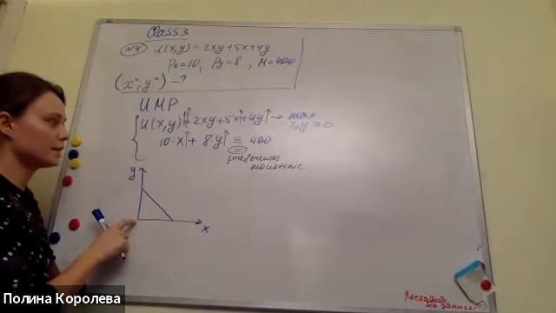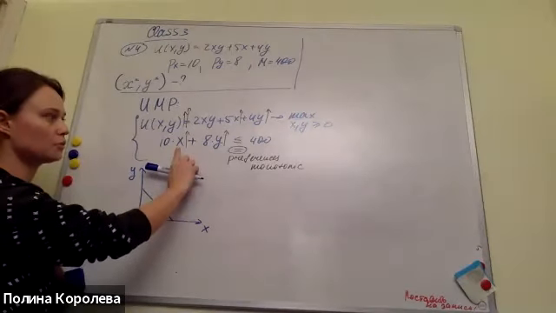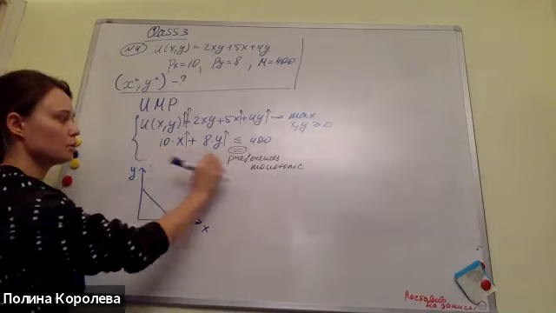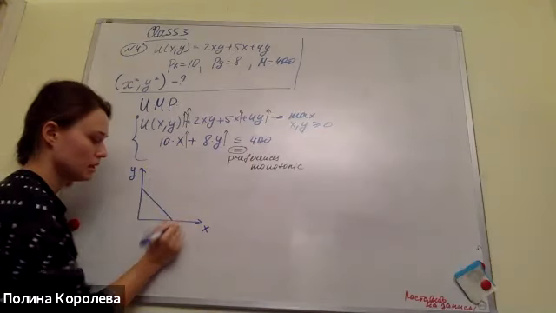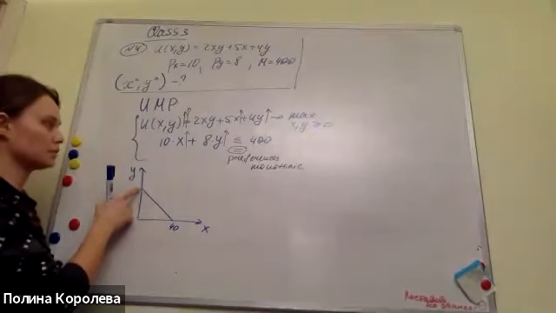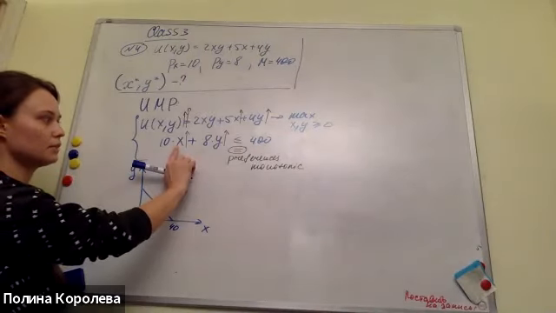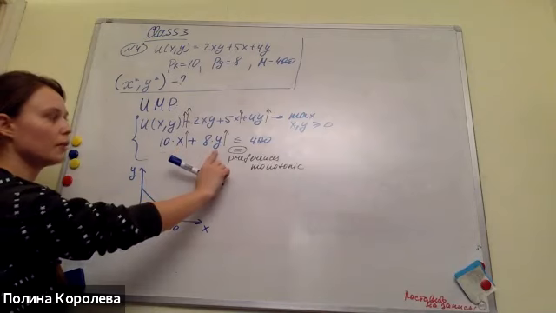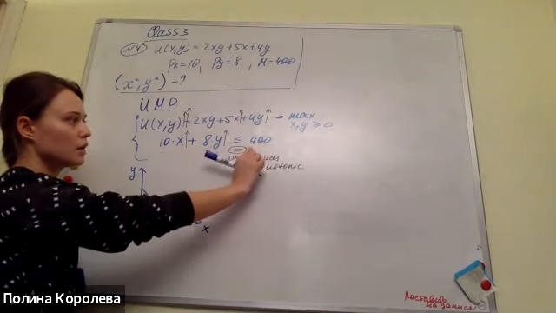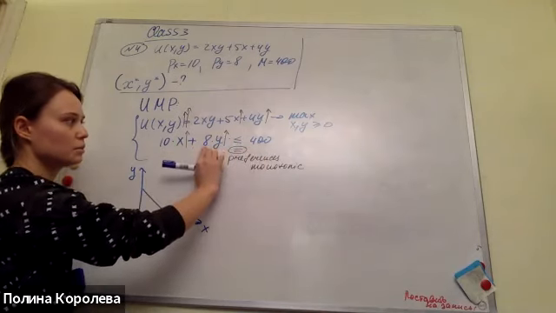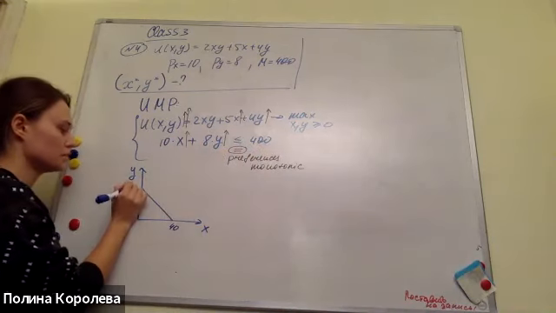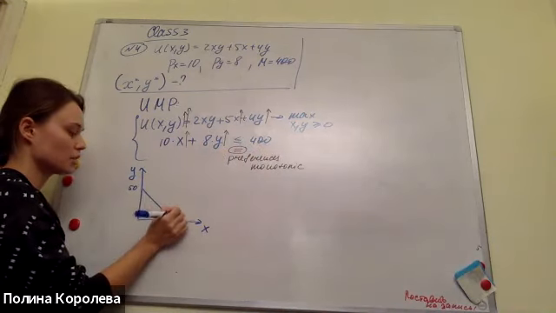If we will not visit the gym, if Y is equal to 0, maximum amount of X is 400 over 10, 40. If we will not visit aerobic classes, if X is equal to 0, maximal Y is our monetary income over the price of Y, 400 over 8, it's 50. So this is our budget constraint.